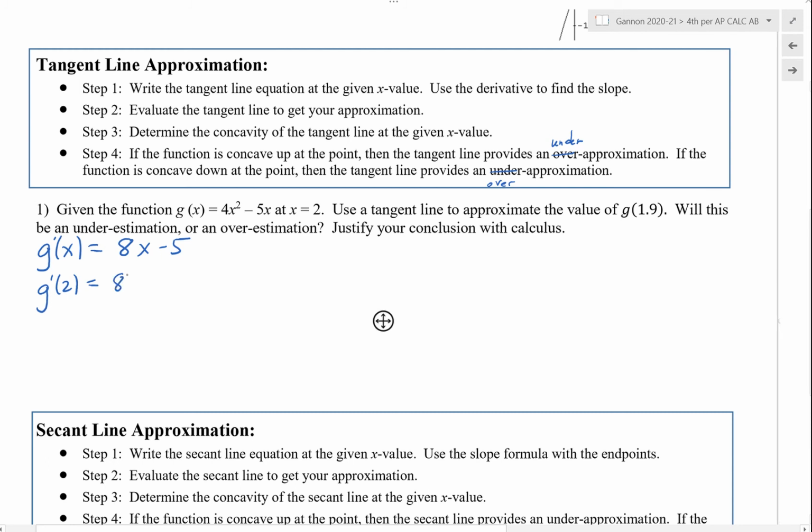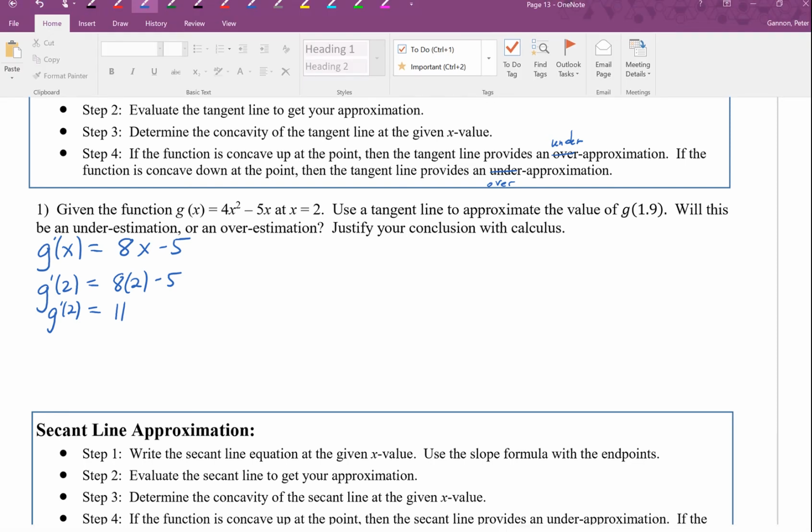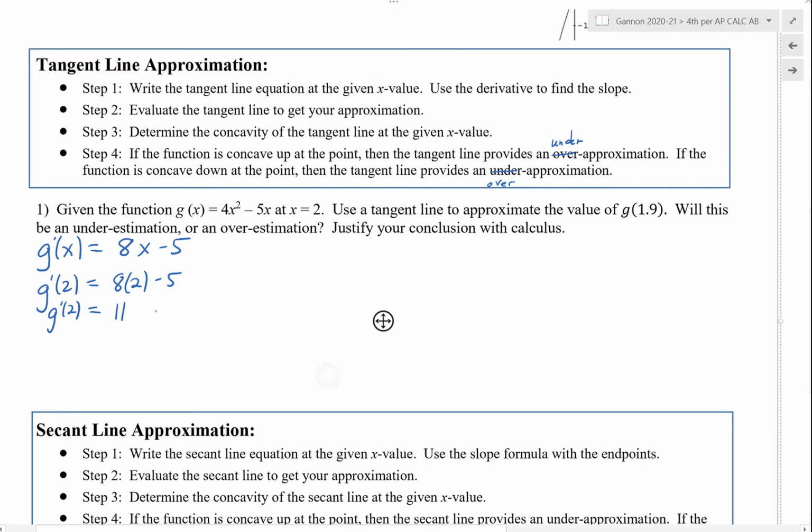So we get 8 times 2 minus 5. That's 16 minus 5, which is 11. So the slope of our tangent line is 11. That's g prime of 2, guys, but that is also the slope of our tangent line, which is going to be important.